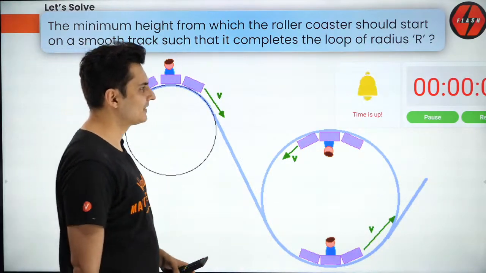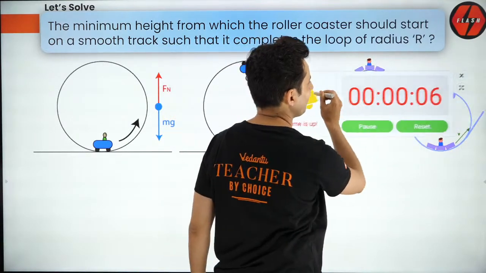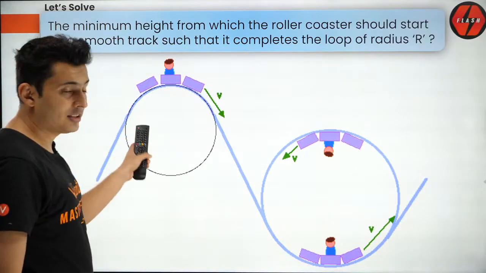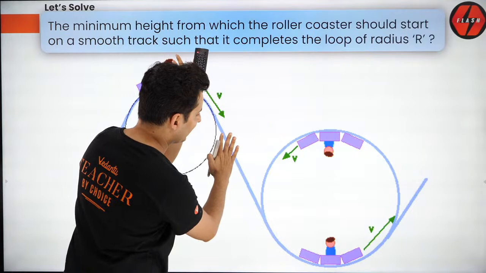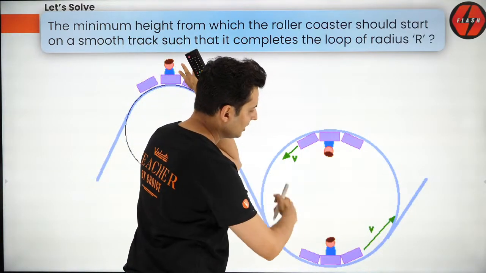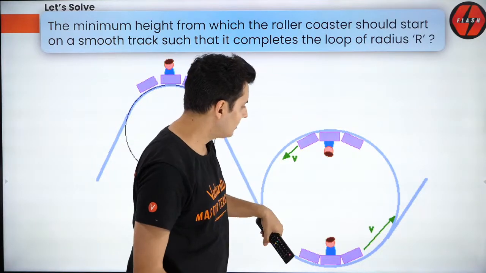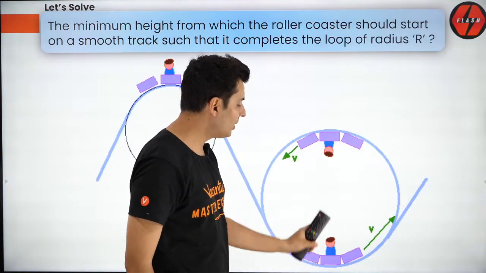And the time is up. So let's see, guys, how do we solve this problem? First of all, understand this problem. If you just hide this part, and look at this part, it's just like that bike problem or the pendulum problem, where instead of tension you have normal.